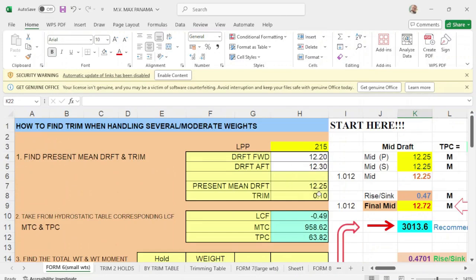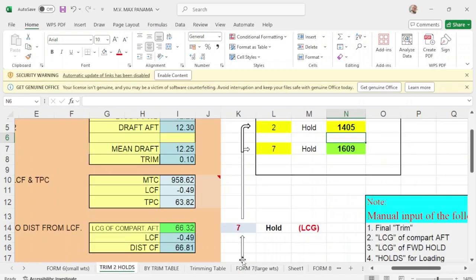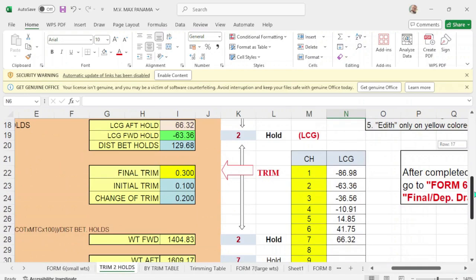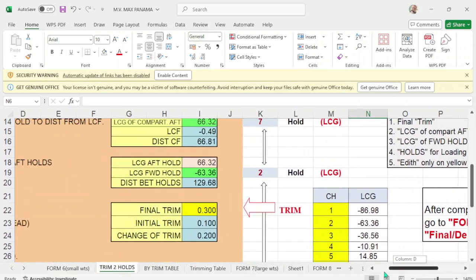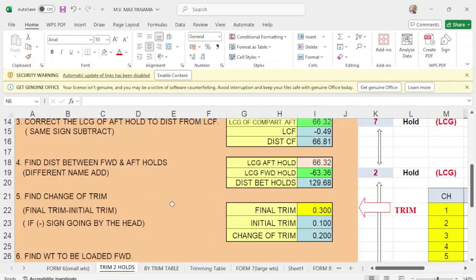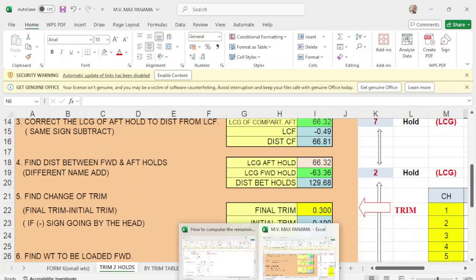LPP is 215. Okay. Sorry guys. I get here number 5 is your final trim and your initial trim is change of trim is 20. Okay. That is number 5. I'm sorry. I was wrong.